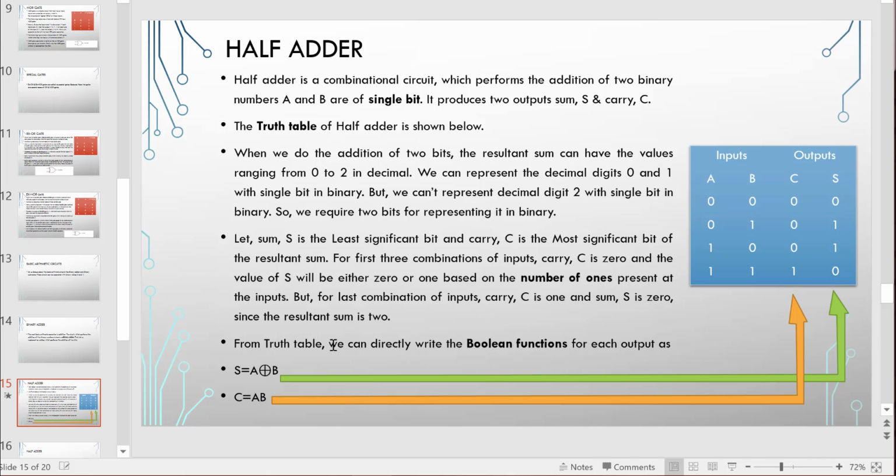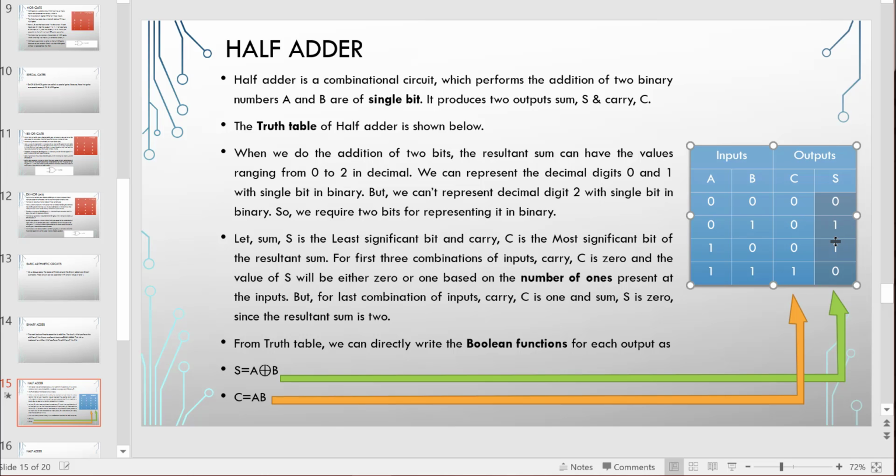Now we will derive the expression for S. Let's see what S is. If the inputs are 0 0, it will give 0. If the inputs are 1 1, the output will be 0 as well, right? And if there is a 1 in either input, it will give us 1.